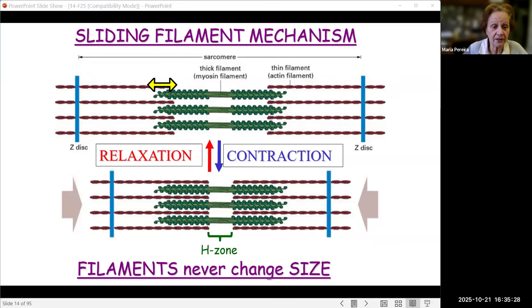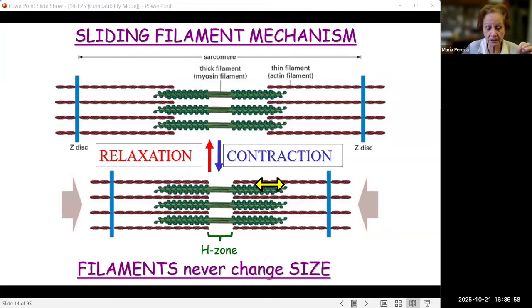So here you have the thick and thin filaments overlapping just a little bit, right? So in this muscle contraction, the thick filament is walking along or sliding along the thin filament, which means that the H zone narrows, and also the distance between the two Z lines in the sarcomere comes closer because the thick filament is moving along.